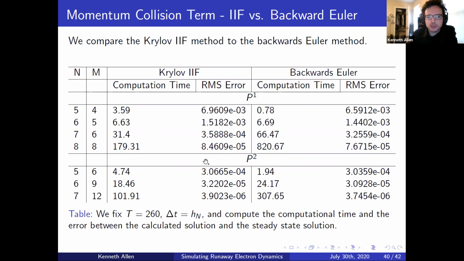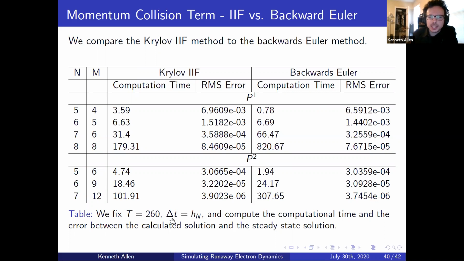For example, for a level 7 DG sparse grid and polynomials of degree at most 2, it took 100 seconds to compute with this Krylov IF method, whereas the backward Euler method took 300 seconds, whereas the errors are again of the same order.